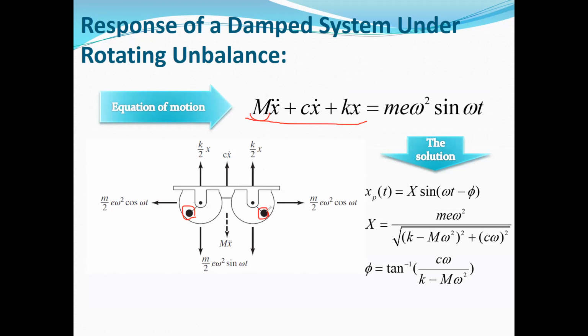And it's very important to know that these masses are not considered in your system's mass, and they appear here on the right hand side of the equation as a non-homogeneous term, and their effect is similar to an external force or a base excitation.